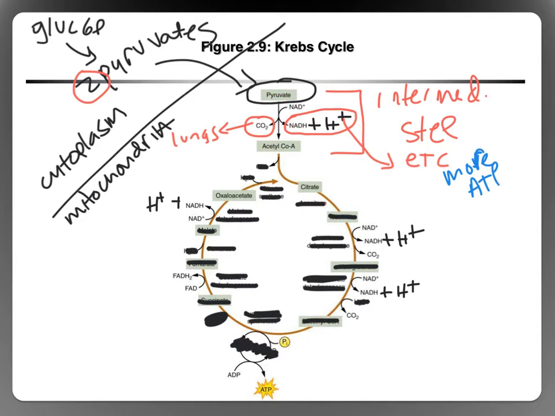So now we have acetyl-CoA, and in the first step of the Krebs cycle, the oxaloacetate substrate combines with the acetyl-CoA substrate and forms a new substrate called citrate. So that's the first step of the Krebs cycle.